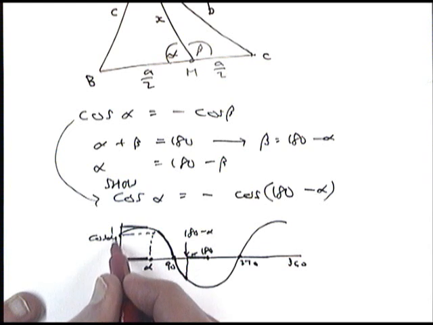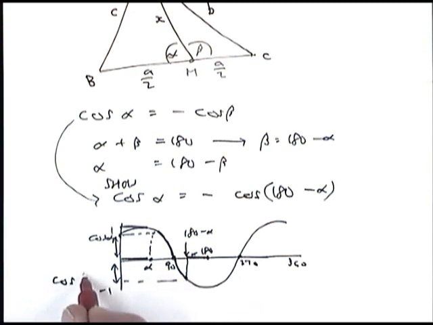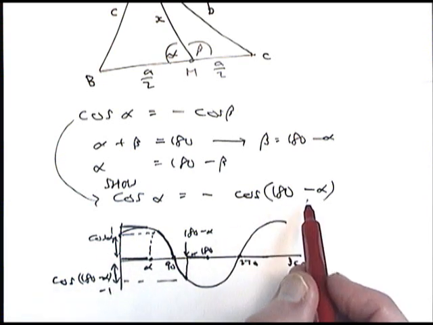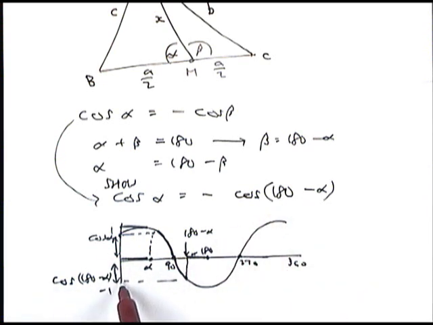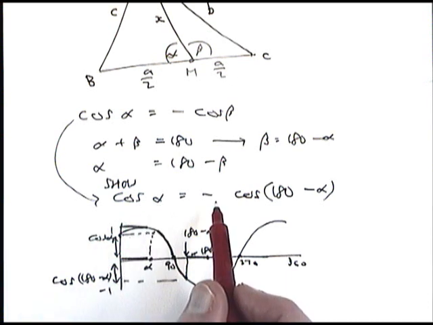So that vertical distance there must be the same as that vertical distance here. So this value over here is cos of 180 minus alpha, and we said that this vertical distance and that are the same, so that must mean that cos of 180 minus alpha, this negative value here, is exactly the same as cos of alpha, except it's negative.